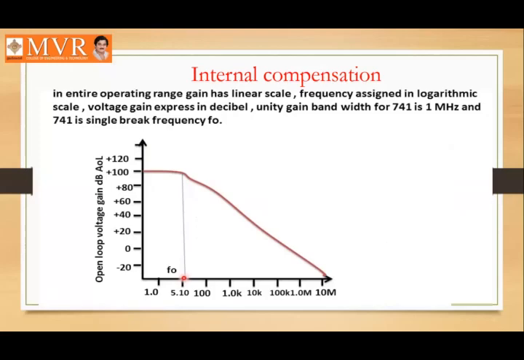We can observe this frequency response by taking the op amp, connecting a sinusoidal wave to it, and increasing the frequency while maintaining the input voltage constant, and observing the op amp frequency response. So this is the frequency compensation technique. Thank you, students.